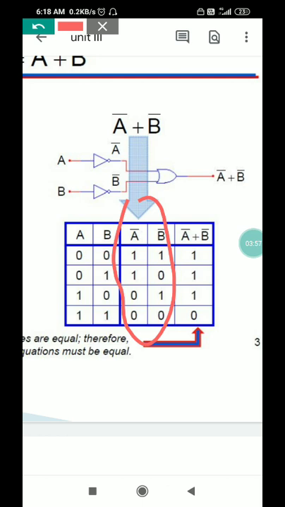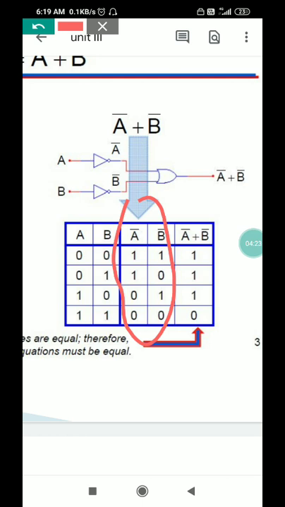Okay, so what does OR say? OR says that if any one statement is true or all of the statements are true, then the output will be 1, otherwise 0. In other words, if all statements are 0, all statements are false, then only its output will be 0, otherwise it will be 1.